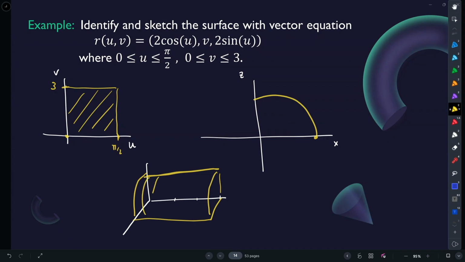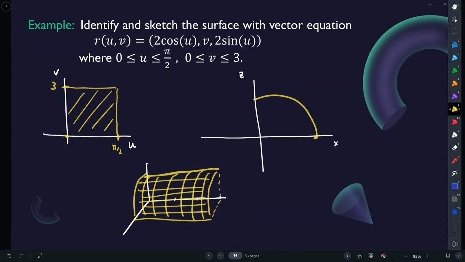So it is only this side that I'm parametrizing. And this one and that one are not really there. So it's just like some cover of some box or something.